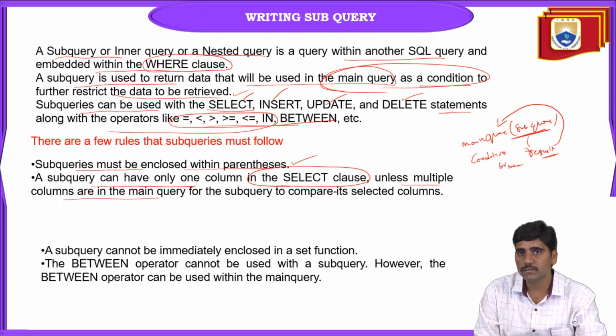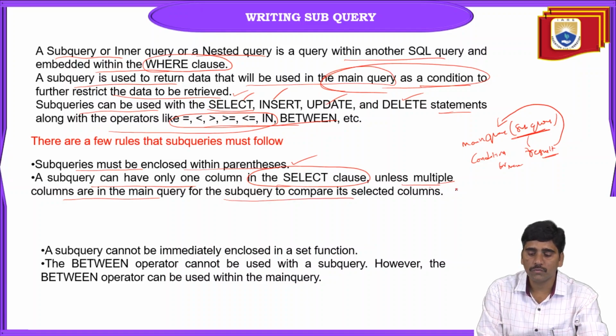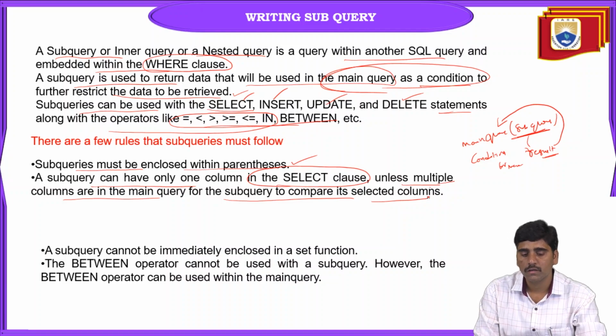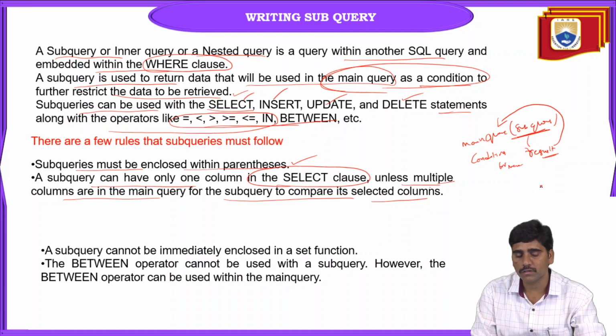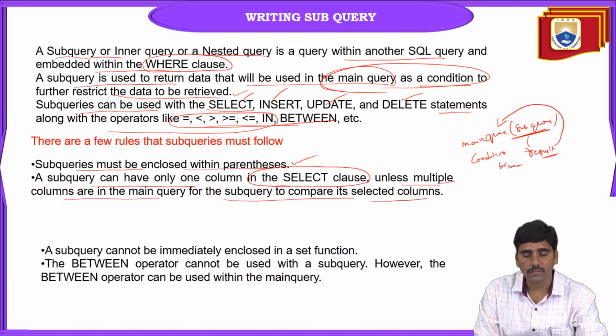So when writing a subquery, you use one column for selecting in the subquery, and the main query can have multiple columns, for the subquery to compare its selected columns. The subquery can take only one column and the main query can have multiple columns.